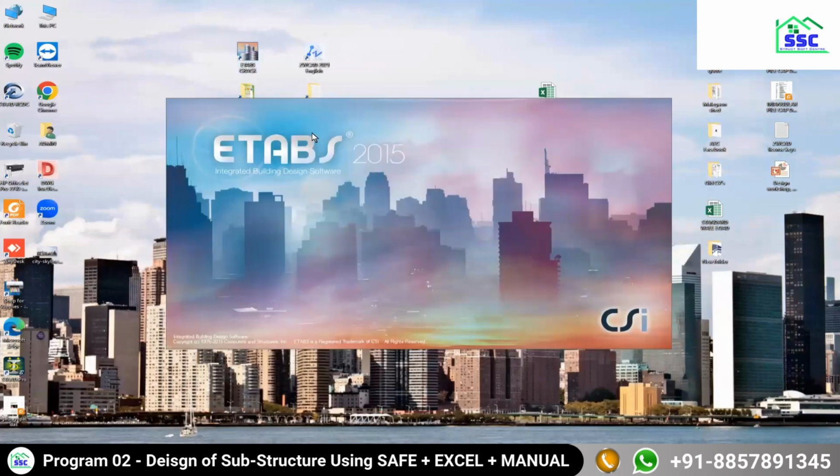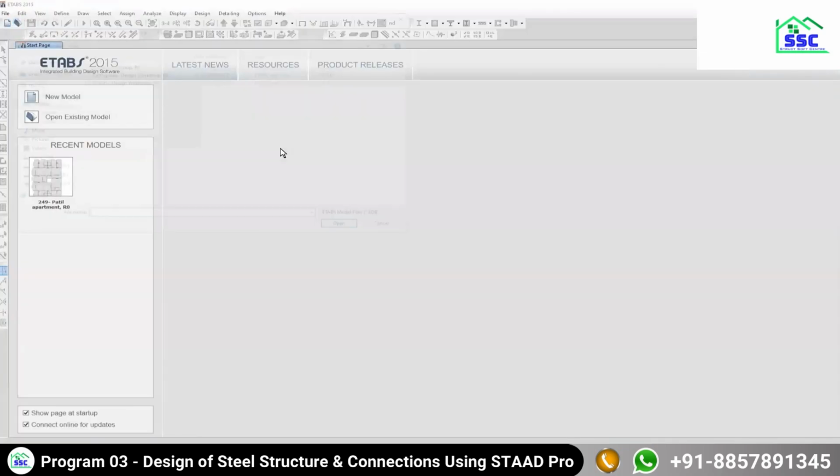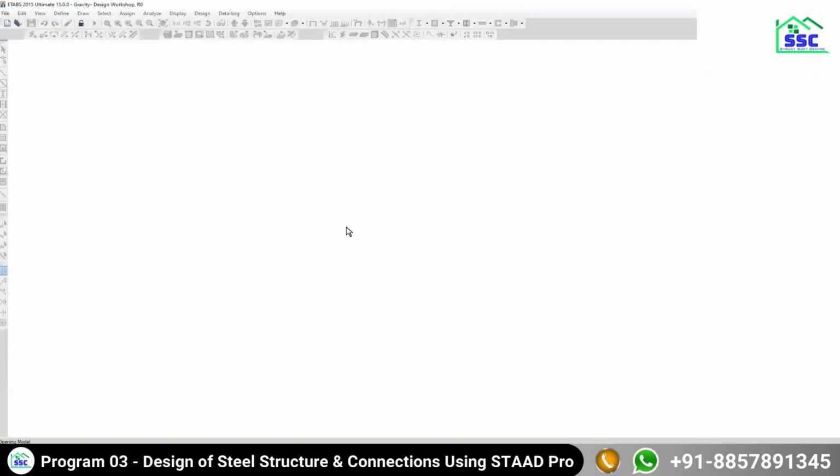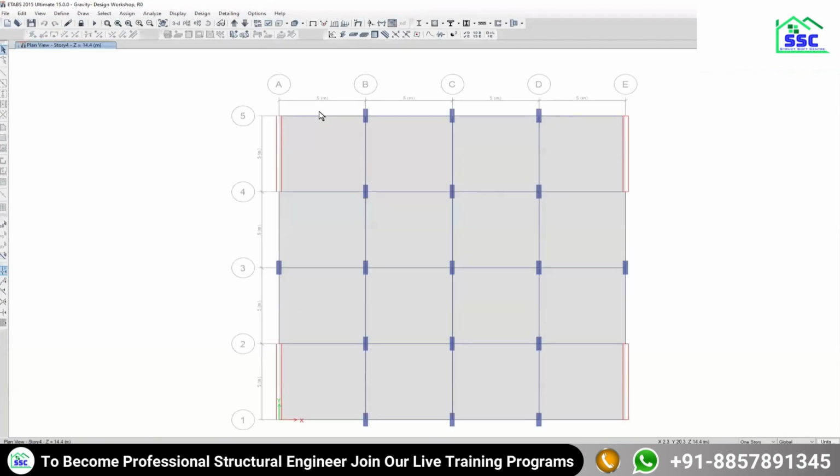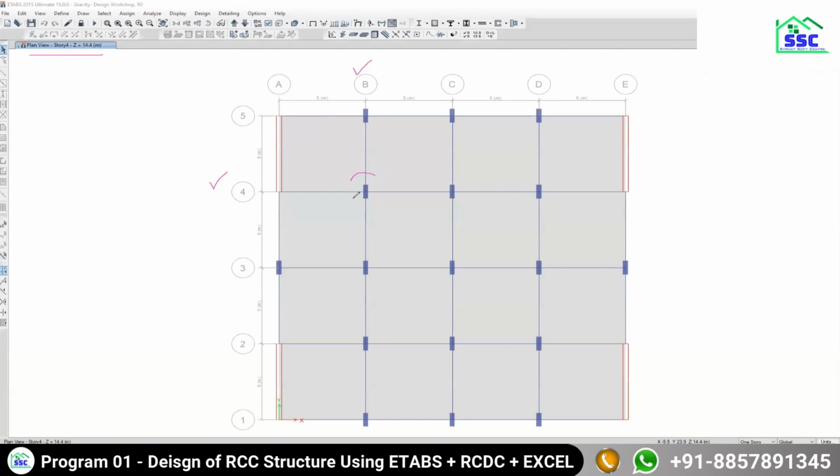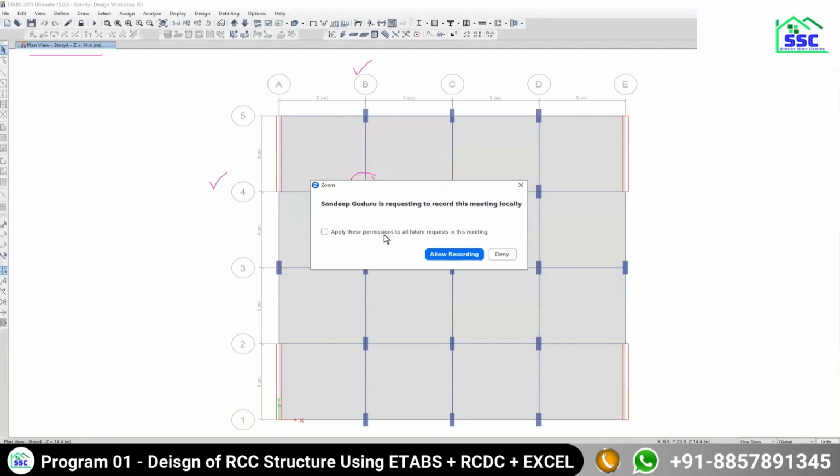Since it is ordinary, I will select our model for gravity loads only. This was the model that we prepared for the workshop. And the column that we are selecting is when we go to story 4 and grid 4 and grid B. So this is the column that we have selected for study in our Etabs.